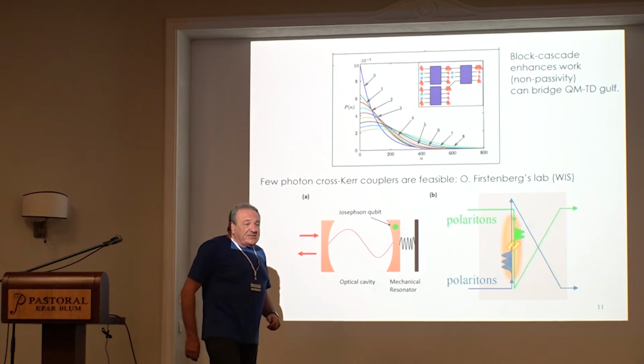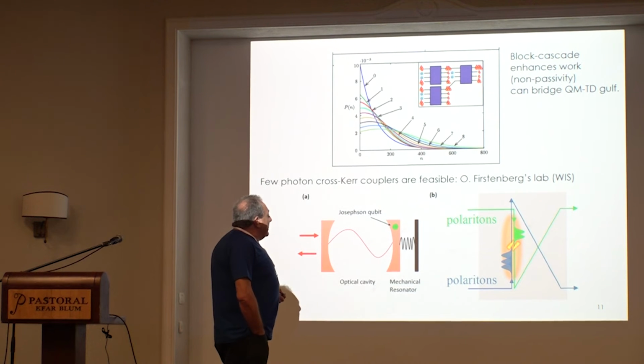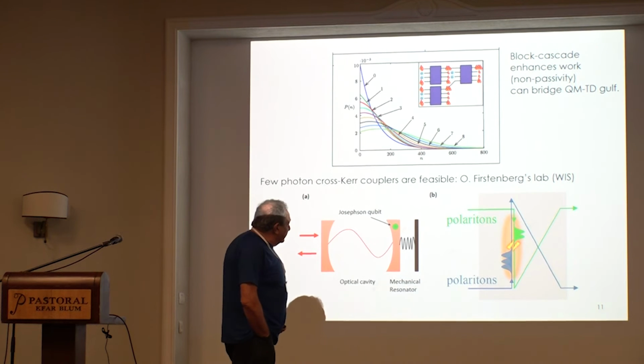And the realization which we are pursuing at Weizmann with Ofer Fürstenberg is the following. We convert photons into polaritons. This means that each photon becomes a collective excitation of cold Rydberg atoms, and then you make the polaritons, which counterpropagate in the medium, collide because they are coupled by a dipole-dipole interaction.